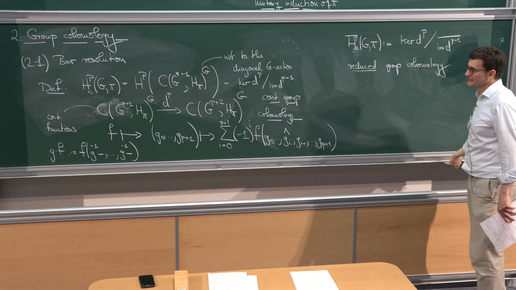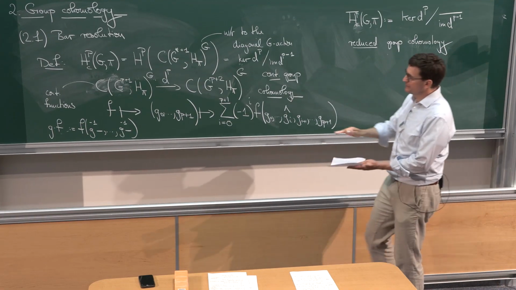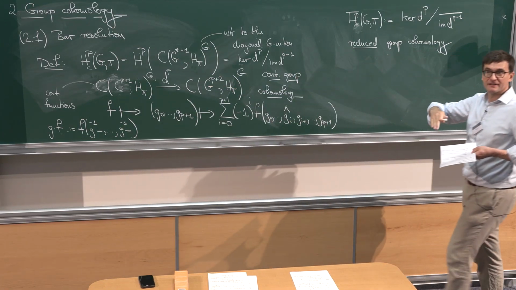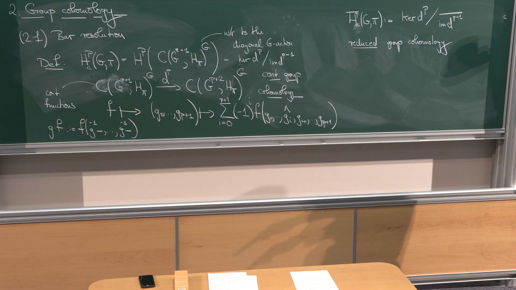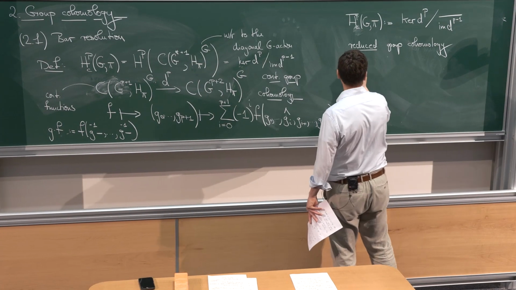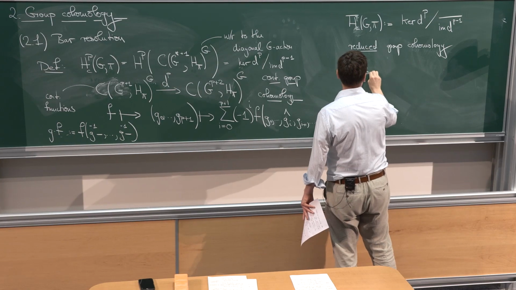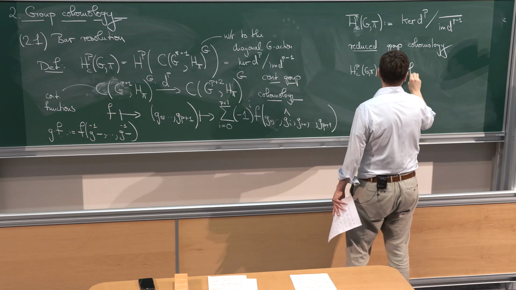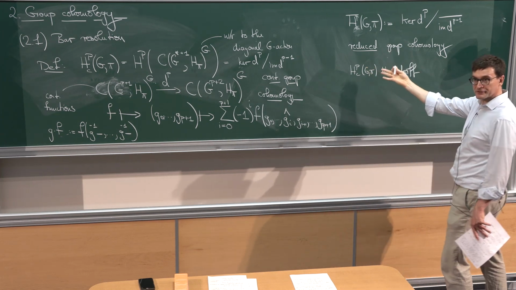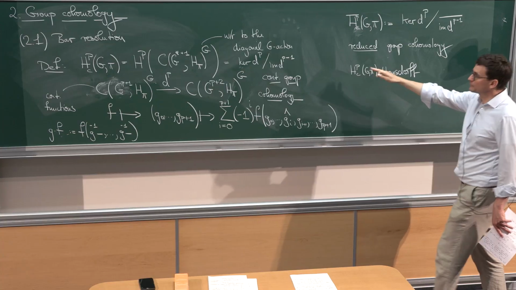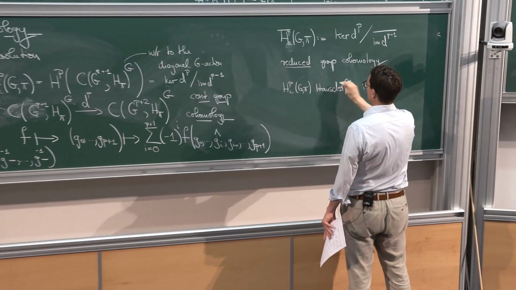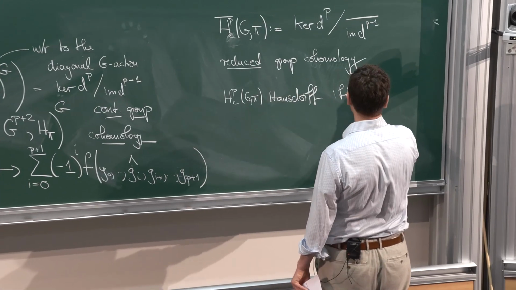If you have such a space and the image is not closed, and you divide it out, what you get is a non-Hausdorff space. Another way to say it is that this cohomology is Hausdorff, with the quotient topology, if the reduced is the same as the ordinary.